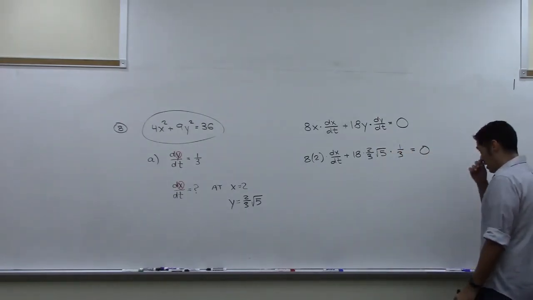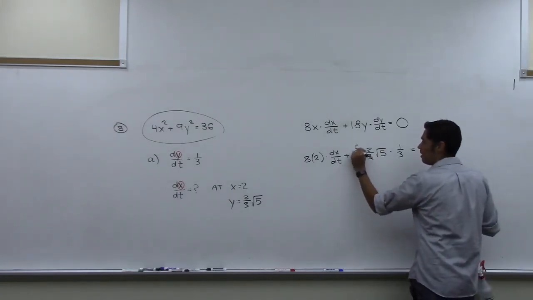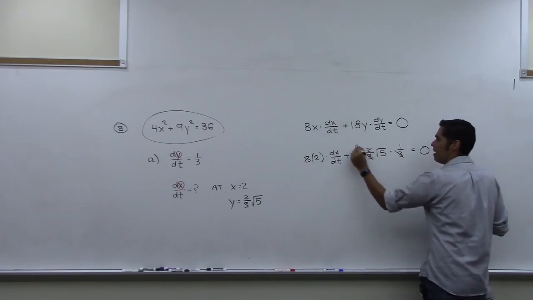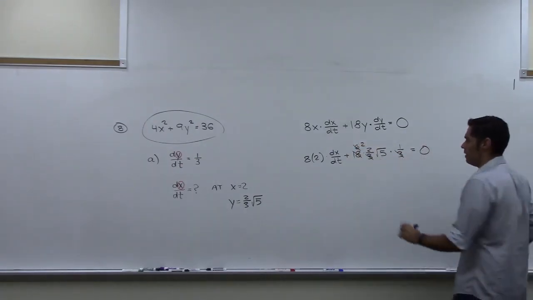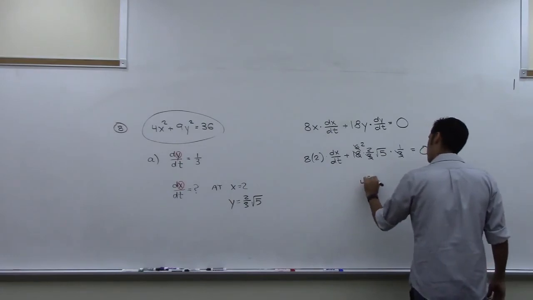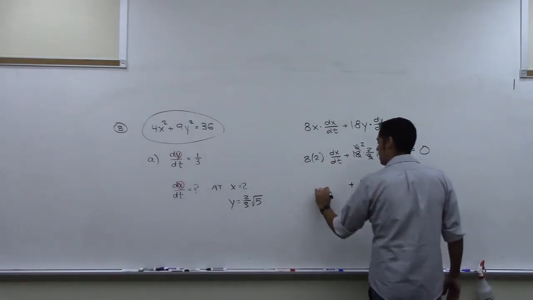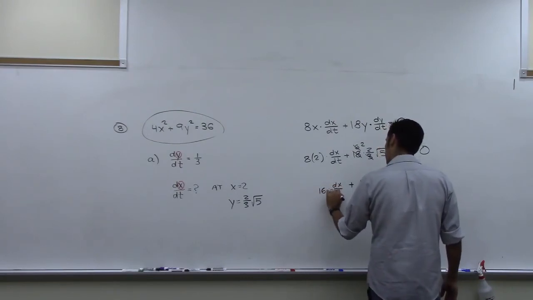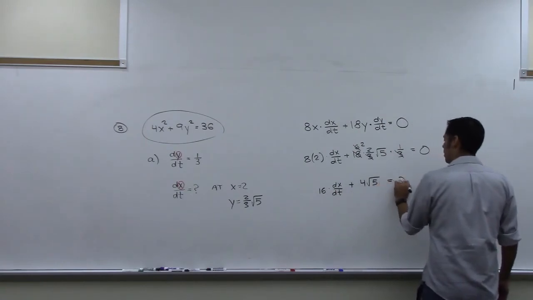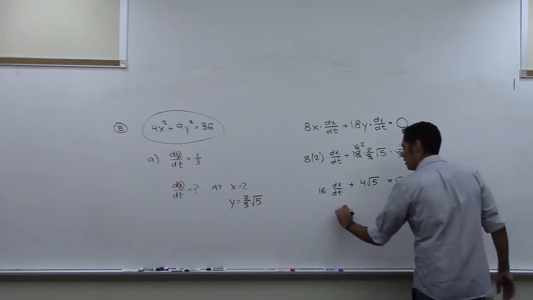So let's try and clean this up. 3 goes into 18 six times, but then 3 goes into that twice. So we should just have 4 root 5 here. And then in front of it, we should have 16 dx/dt equals 0.